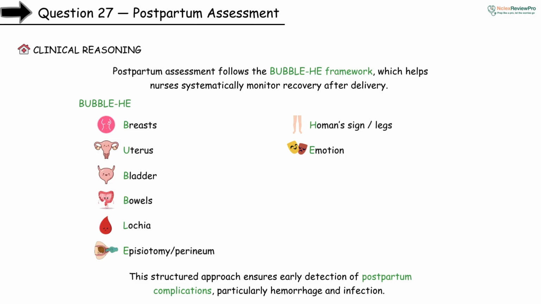Postpartum assessment follows BUBBLE-HE: breasts, uterus, bladder, bowels, lochia, episiotomy or perineum, Homans' sign or legs, emotion. This structured approach ensures you don't miss life-threatening complications like hemorrhage or infection.